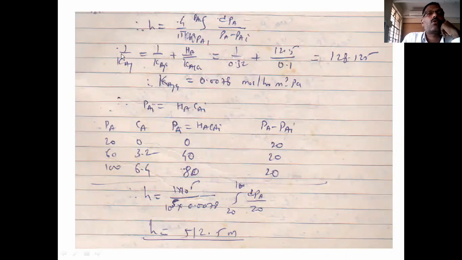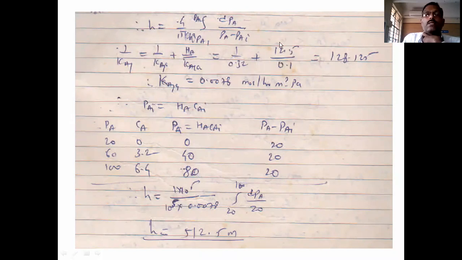So this overall mass transfer coefficient we calculate by using this equation for the gas stream. 1 upon KAG is equal to 1 upon KGA, the individual mass transfer coefficient, plus HA upon KL, which is equal to 1 upon 0.32, which is given, plus HA given 12.5 upon KL given 0.1.